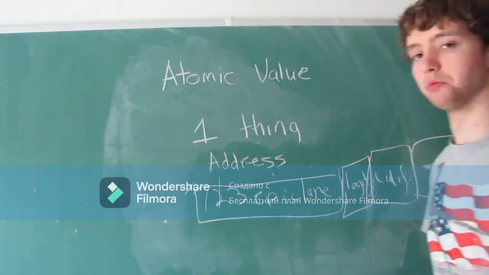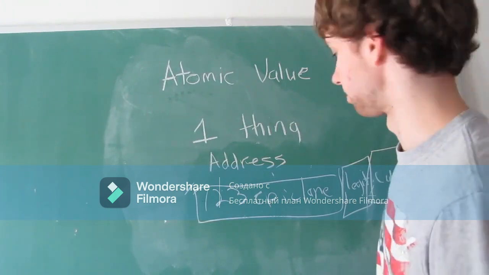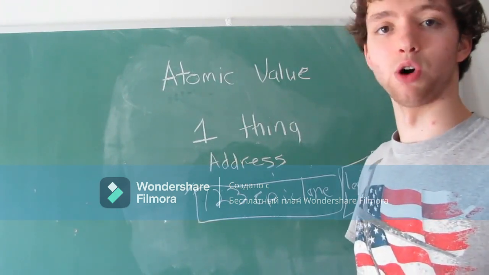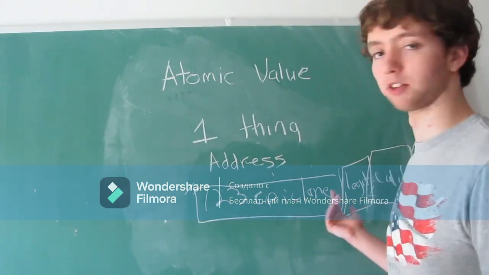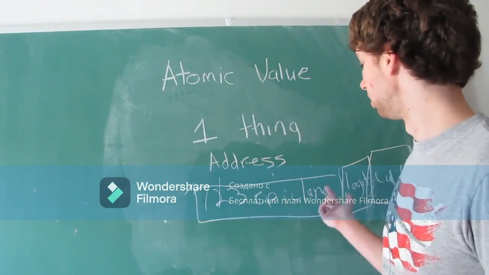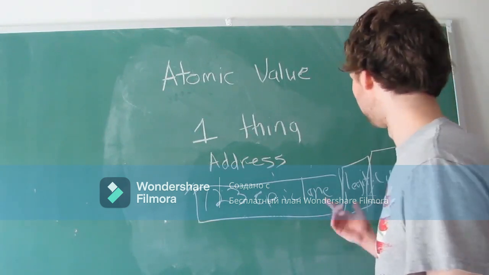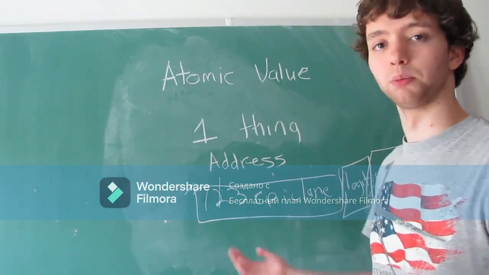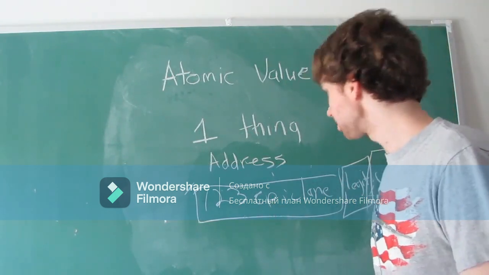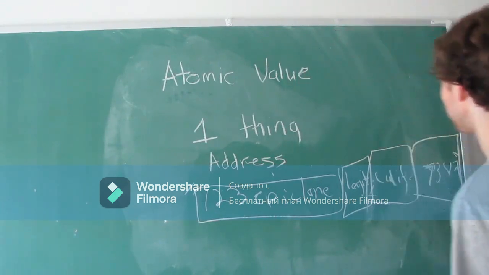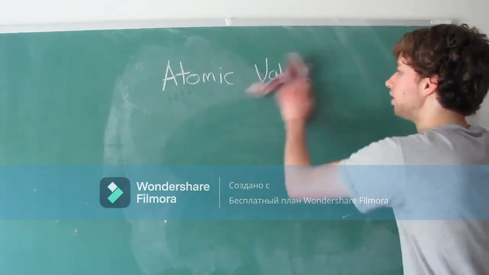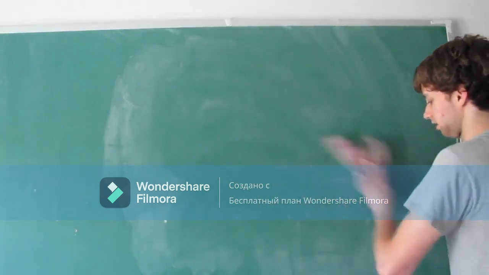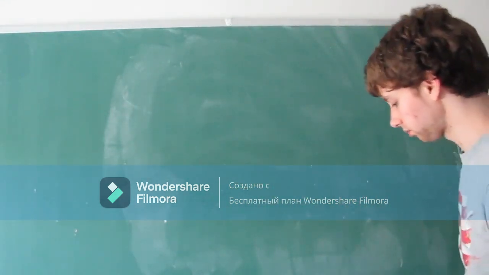And then that allows us to run more complex queries on our data because we can select all of the users from the state of California, or we can select all of the users who live in this city, or pretty much anything like that. So this is part of one of the normal forms, which we will be talking about in the future. But as for now, just think of storing everything as one.